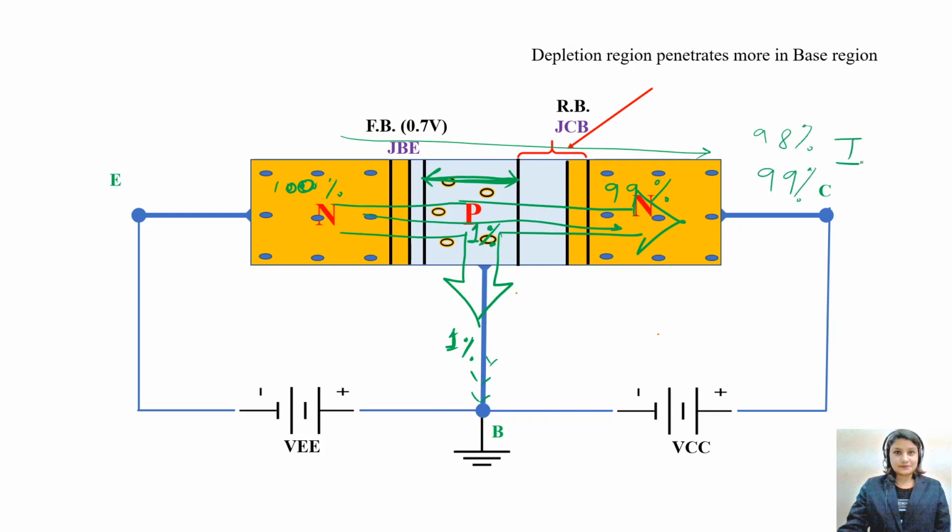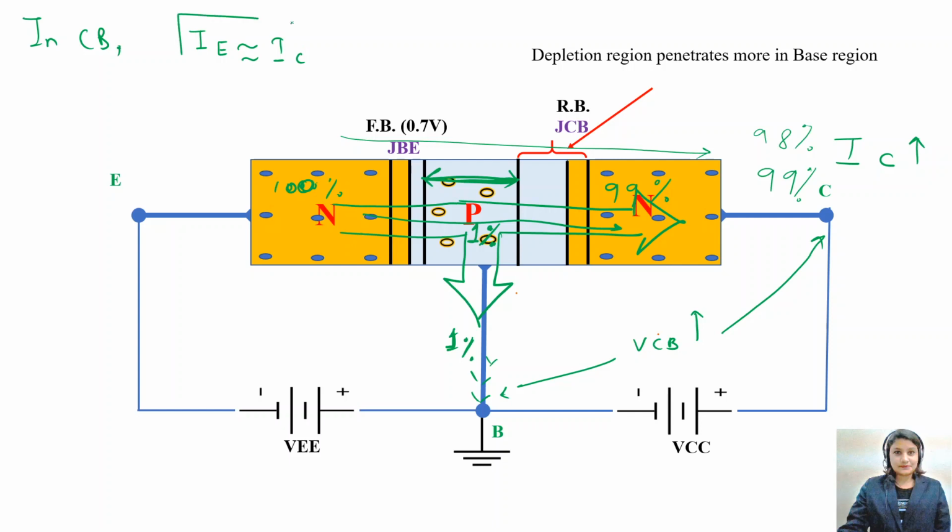So can I say the IC current, the collector current, has increased, because we have increased VCB. In the previous video, I told you that in CB configuration, the emitter current is nearly equal to the collector current, right? So if the collector current has increased, I can say the emitter current has also increased.